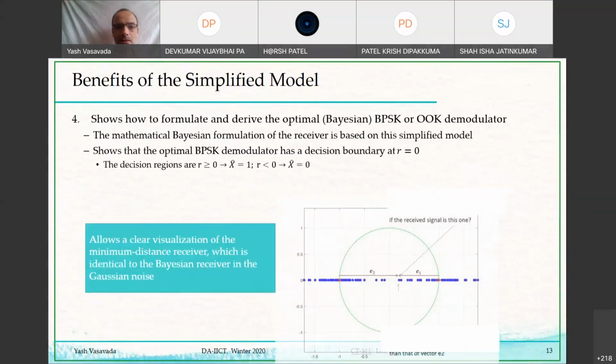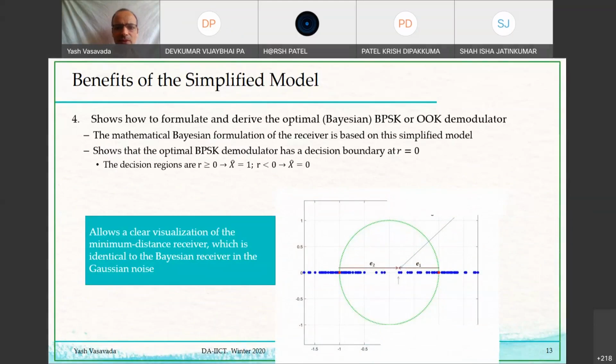And then we can actually look at any one of the received points along this diagram and then draw 2 vectors, one connecting to the positive symbol, another connecting to the negative symbol, E1 and E2 in this diagram. And then simply say which vector has a smaller length. That becomes essentially the minimum distance decoder.